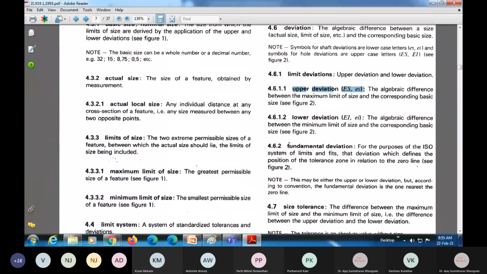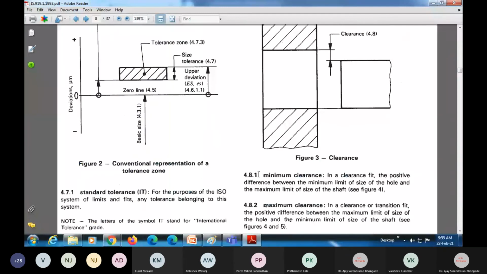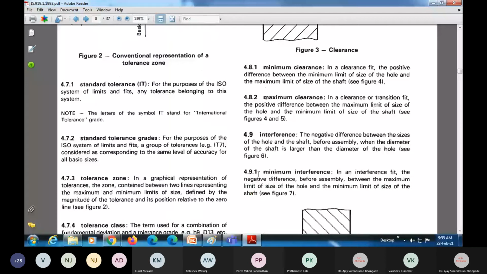Okay, so we have also talked about fundamental deviation, right? That deviation is defining the position of the tolerance zone in relation to the zero line. So most of these things we have already been taught, but they have been elaborated well in this standard. What is the minimum clearance, maximum clearance, and so on.